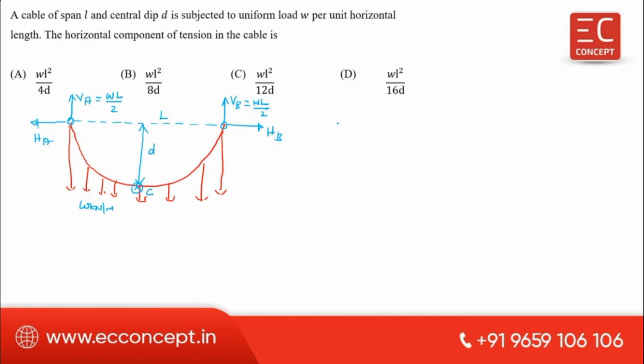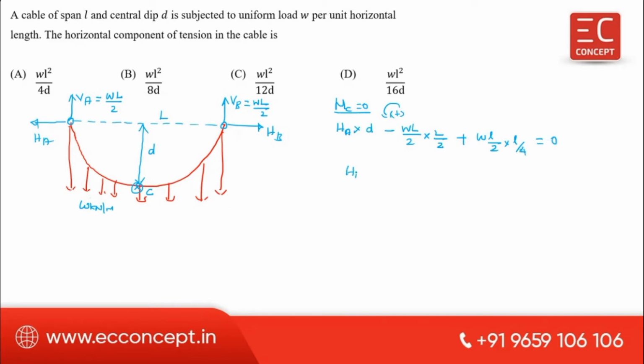Then, to calculate this HA or HB, take moment about C. Moment about that point is equal to 0. Moment at C is equal to 0. That is HA into D, assume anticlockwise is positive, HA into D minus WL by 2 into L by 2, force into distance L by 2, then plus W into L by 2 into L by 4, which is equal to 0.